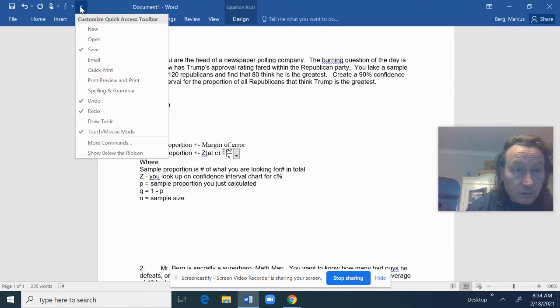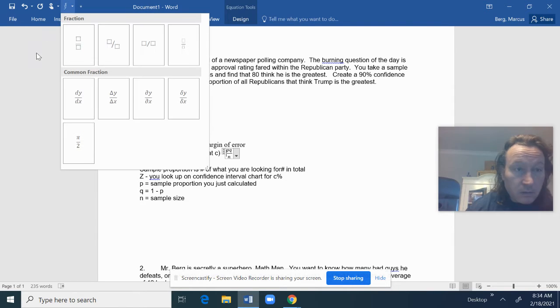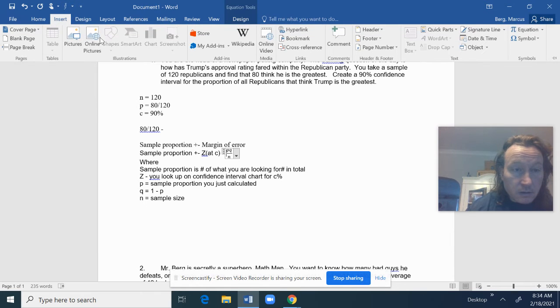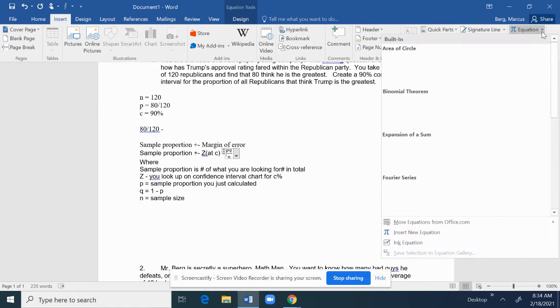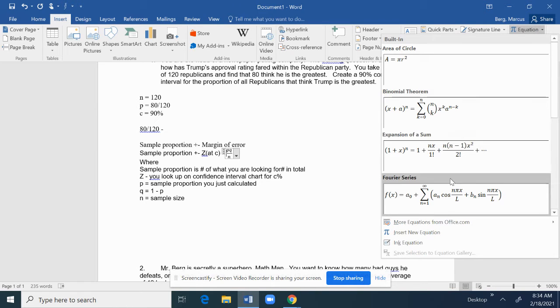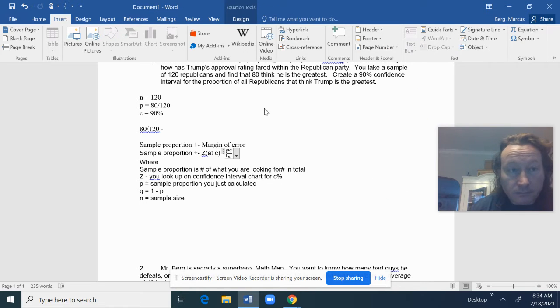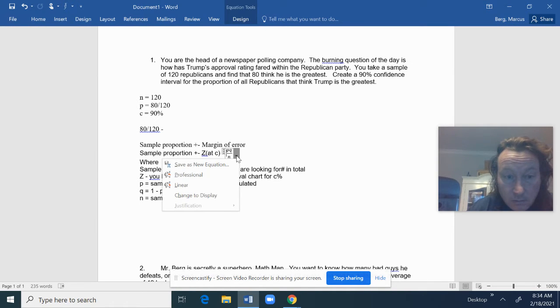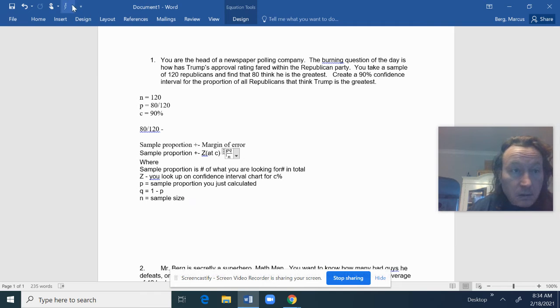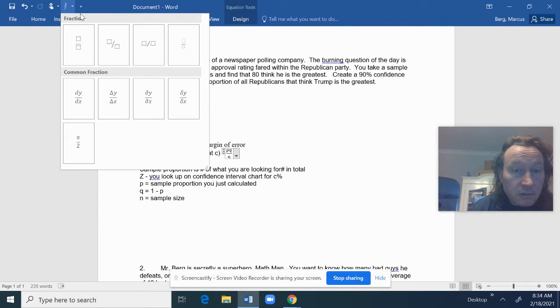Square root. Insert equation. Sorry, everybody. So it looks like if you do try to do that, stuff is gone.